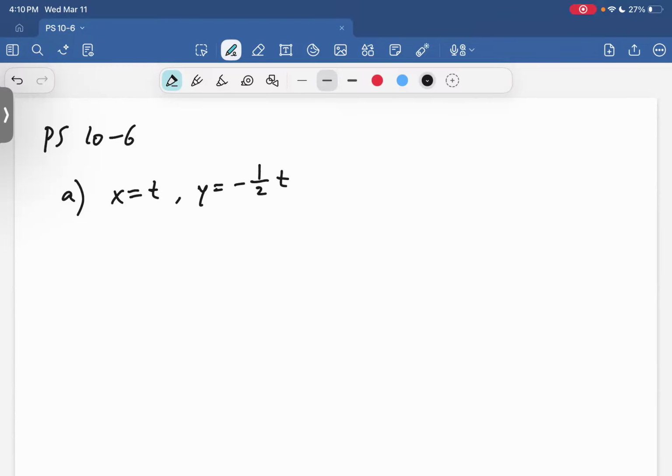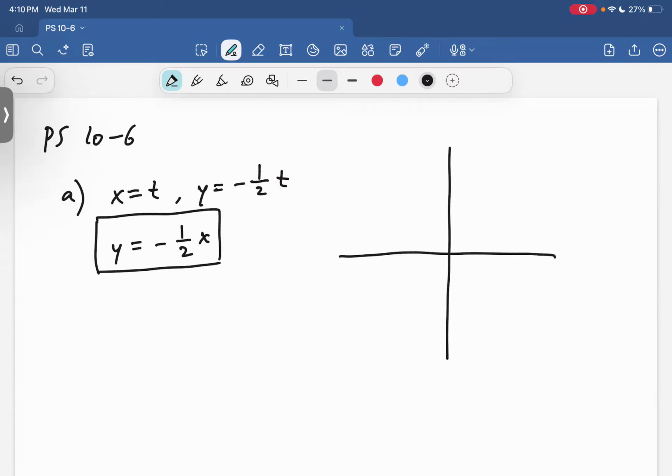For the first equations, x equals t, so that means we can directly plug in x for t, and we're pretty much done there. This is quite easy to sketch. It's going to look like that.